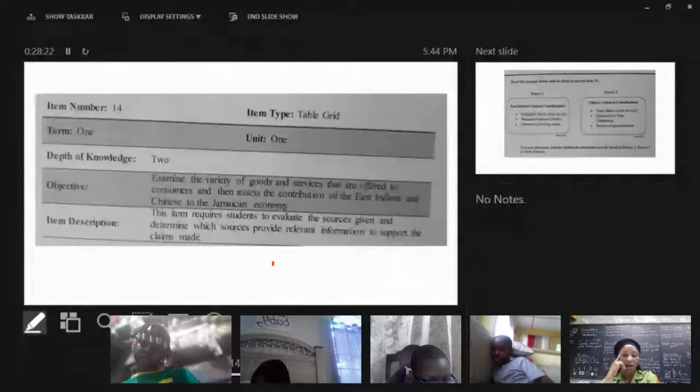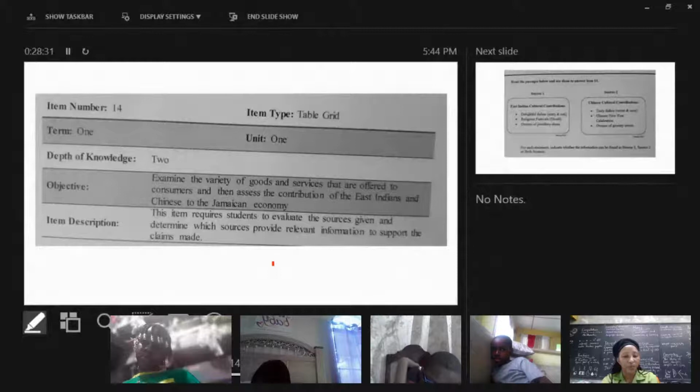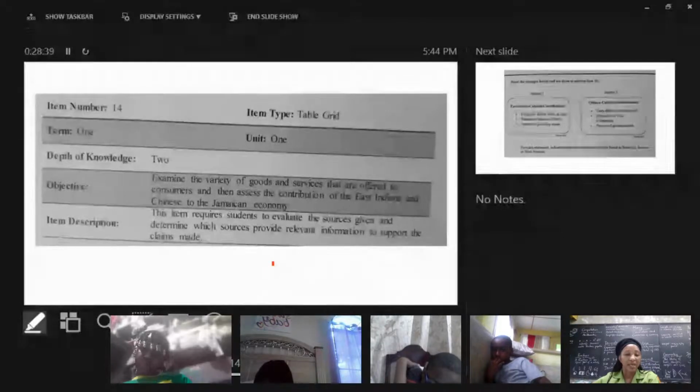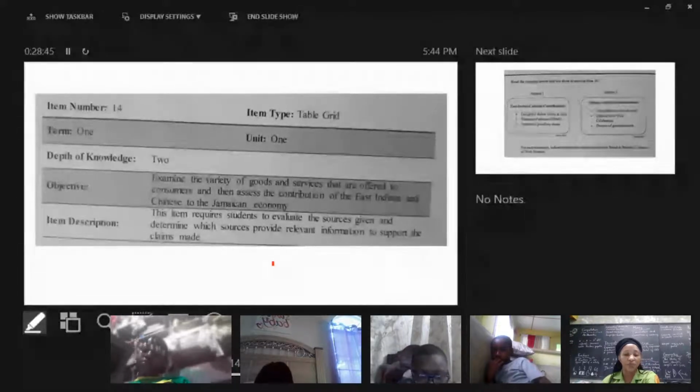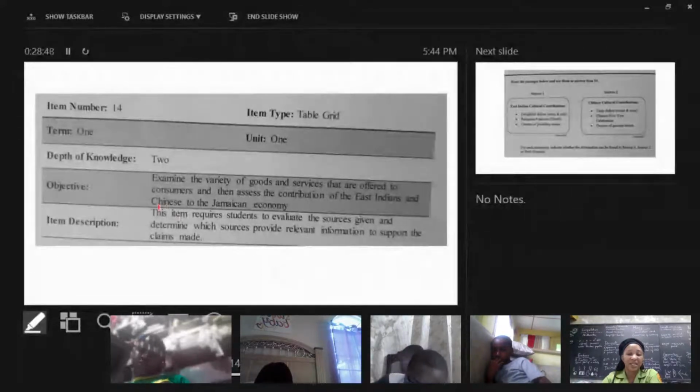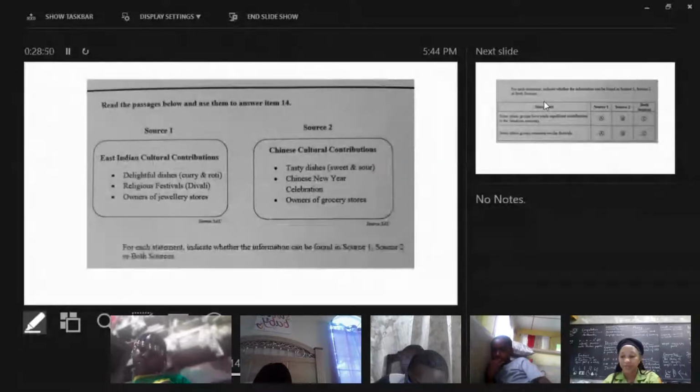So this is also a table grid. Madison, please read.